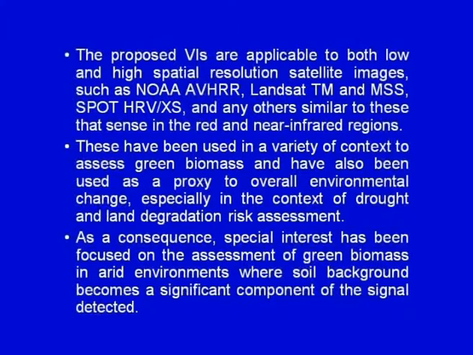These have been used in a variety of contexts to assess green biomass and have always been used as a proxy in the context of overall environmental change, specifically in the context of drought and land degradation risk assessment. As a consequence, special interest has been focused on the assessment of green biomass in arid environments where soil background becomes a significant component of the signal that has been detected.